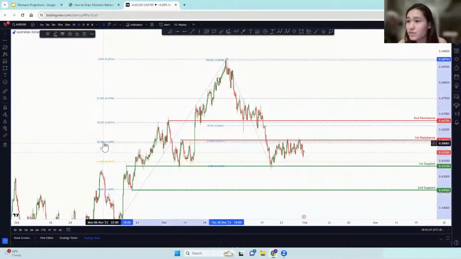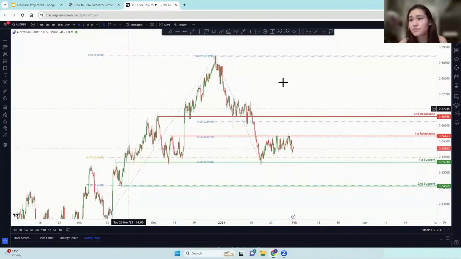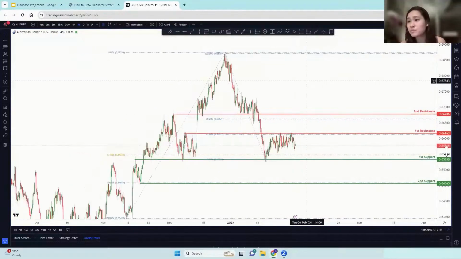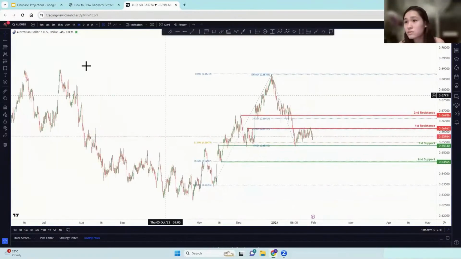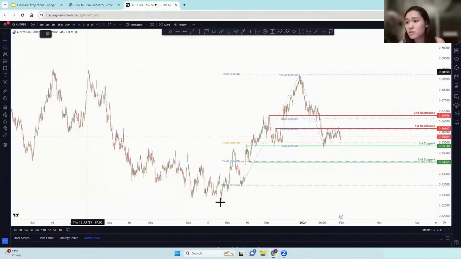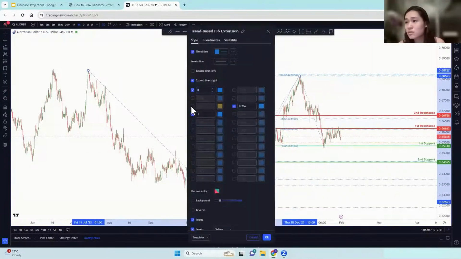Same goes for this 50%. So we can only keep our 61 and 78. And my 61 also lines up with my second support.